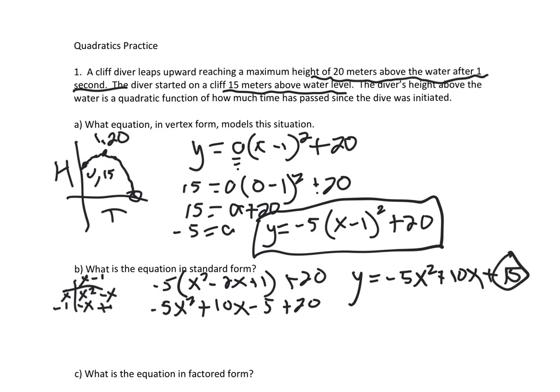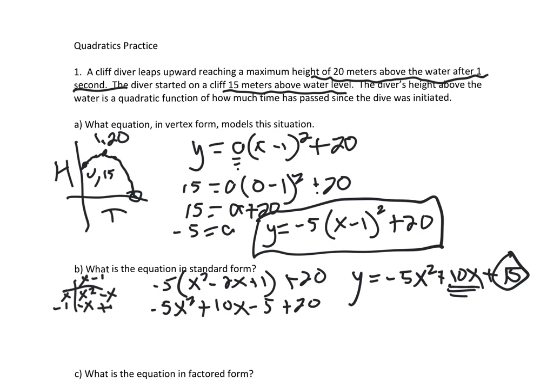Okay, a couple of error checks here. The 15 should match the 15 that we already knew was the position of the diver at time equals 0. That's the y value of the y-intercept. We also know that this middle coefficient indicates that the diver left the board with a positive velocity, which meant that the diver was heading upward.